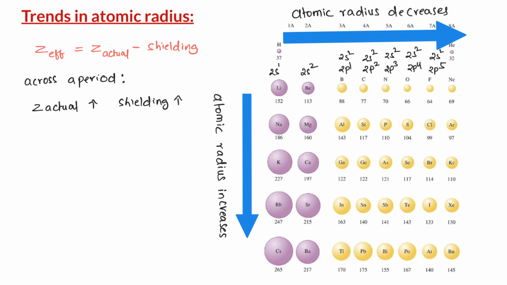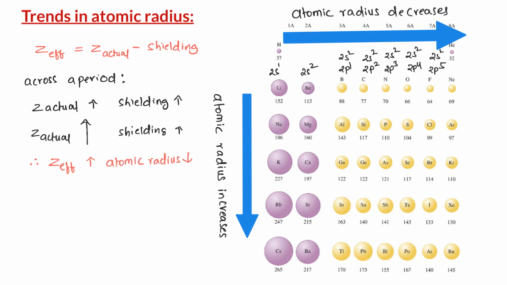However, because the electrons in the same shell cannot shield each other well, the shielding does not increase as much as the nuclear charge. Therefore, the effective nuclear charge increases across a period, shrinking the atom and decreasing the atomic radius.